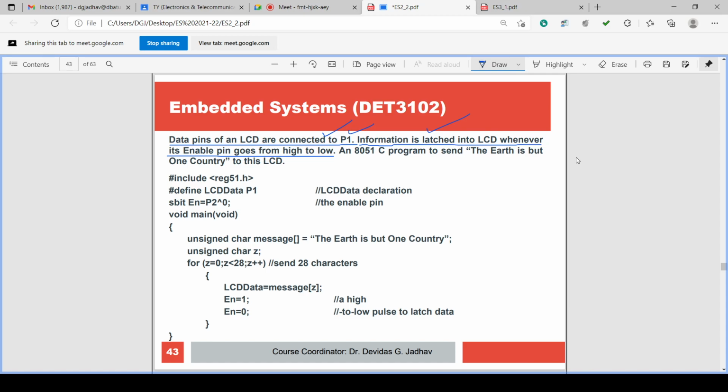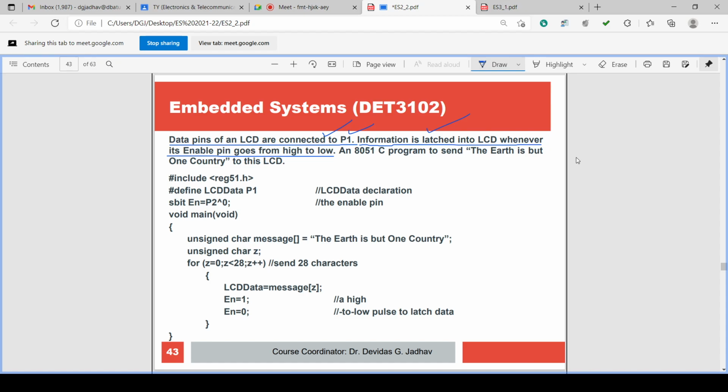There is an enable pin on the LCD module. As the enable pin goes from high to low transition, at that time whatever data is on the pins of the P1 port will be latched, saved or stored into LCD memory.